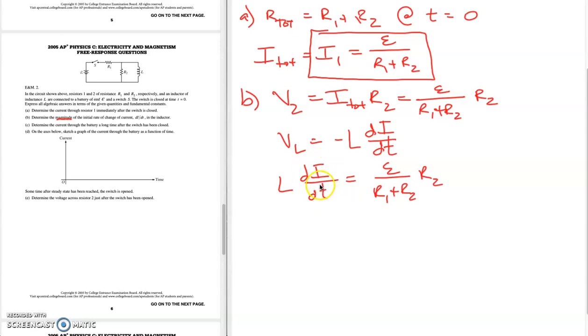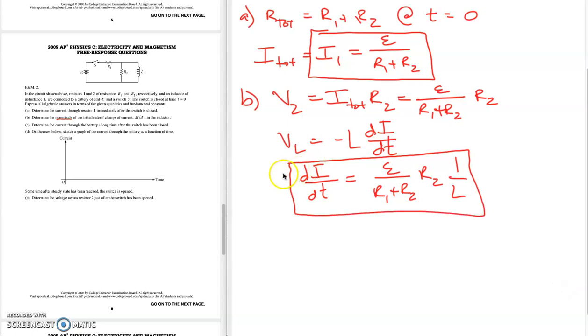And if we want just di dt, we can divide both sides by L, 1 over L, and there we go. We get the rate of change of current in the inductor at time t equal to 0.